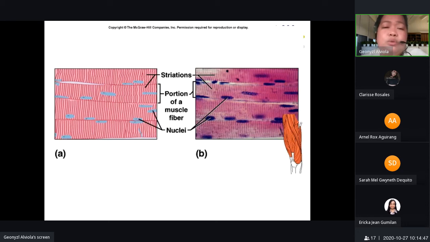If you don't want to move, then do not move. One good example of this muscle is the zygomaticus muscle, or known as the smiling muscle. The muscle orbicularis oris and the muscles attached to your skull. We have the temporalis. Those are examples of skeletal muscles.